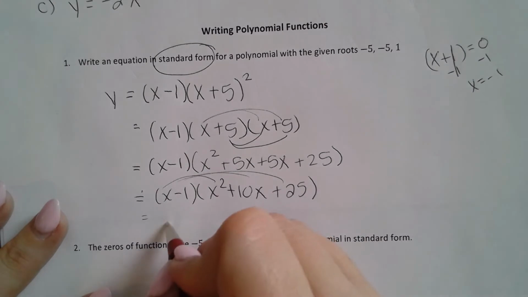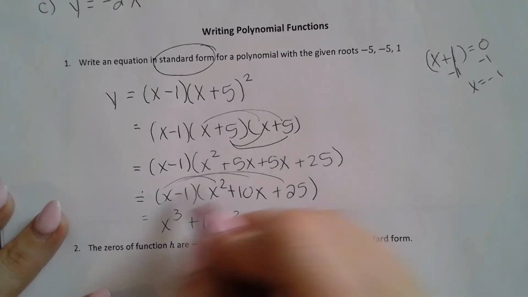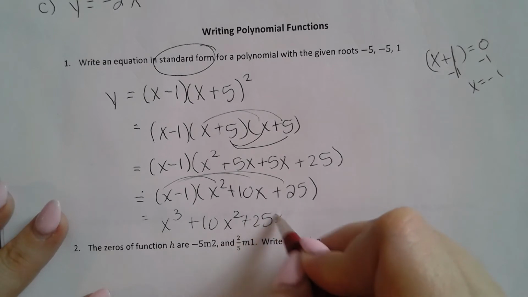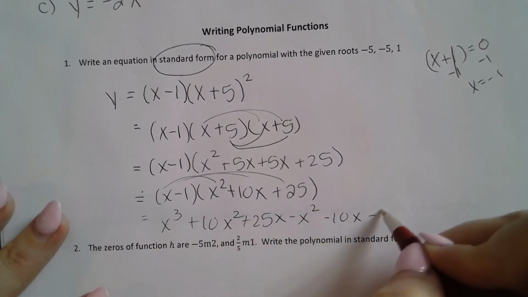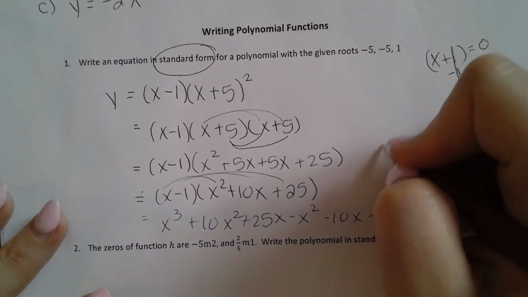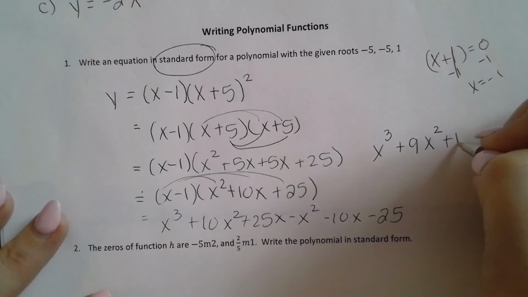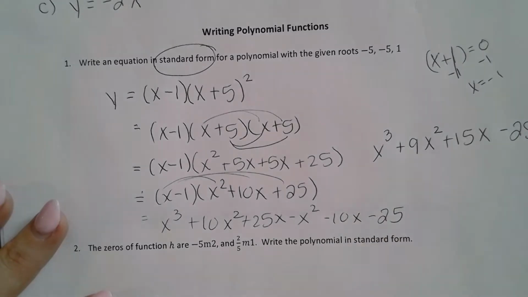So x times x squared, and then combine your like terms. So we have x to the third plus 9x squared plus 15x minus 25.